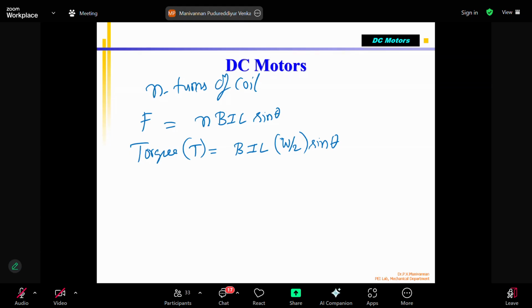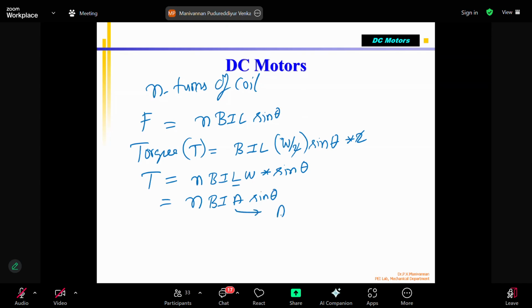Into 2, because there are two sides. This 2 and this 2 will go away. So we can say that torque T equals N into B I L W into sin theta. L is the length, W is the width. So this can be replaced by N into B I A into sin theta, where A is the area of the coil.